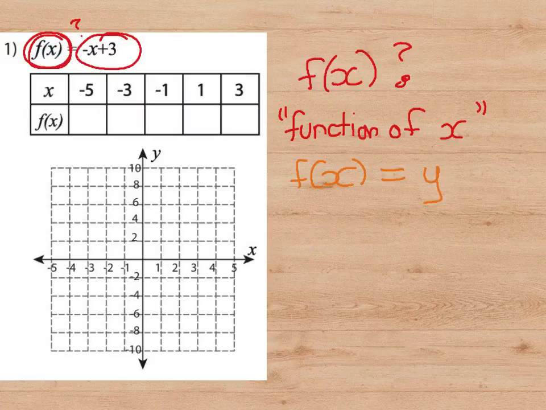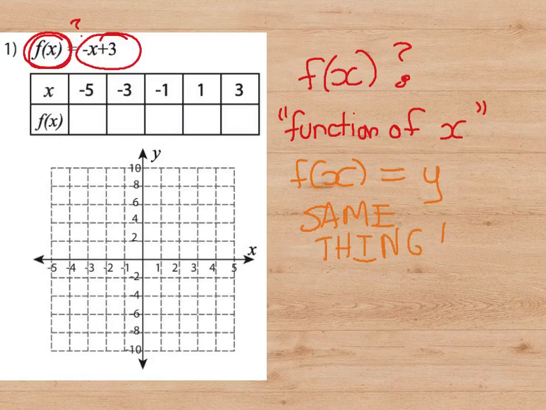Sorry, function of x, whatever. f of x is the same thing as y. It's the same thing. Except when we write f of x, it just means that it's a function of x, which means that x is your variable. x is what you're looking for, the variable. Because sometimes you have equations that don't deal with x, right? Sometimes you have equations that deal with g, h, k, whatever. In this case, my function deals with x. So it's just a fancy way of writing it.